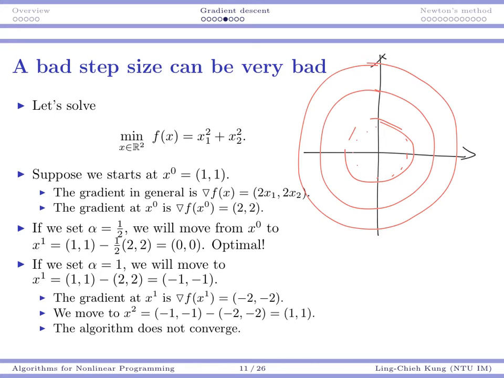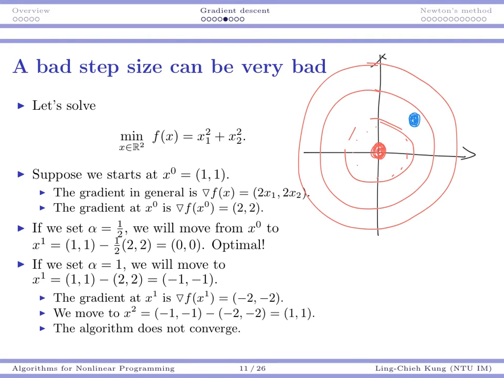These are the isoprofit curves, and the optimal solution is here. Now let's see what's going to happen if we apply our algorithm. Suppose we start at x0, which is (1, 1). For no particular reason, let's assume I start at this point.